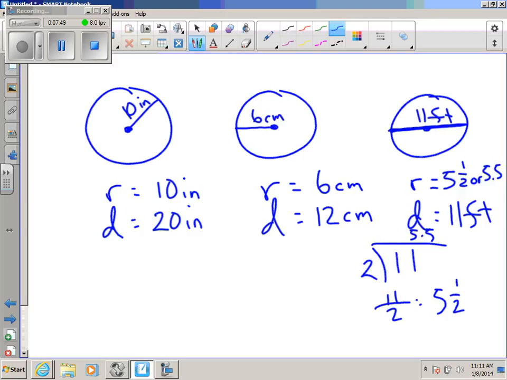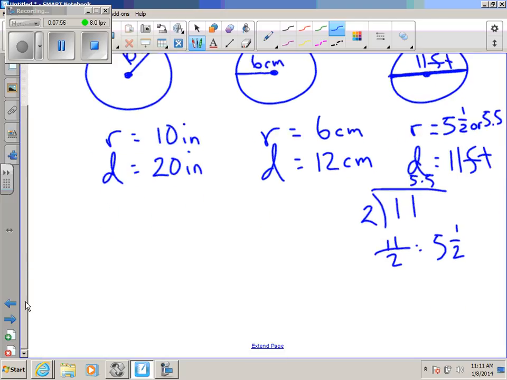Okay. For today, don't worry too much, because your formula for circumference of a circle is going to be pi d.